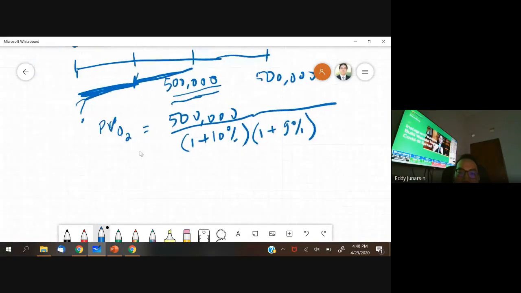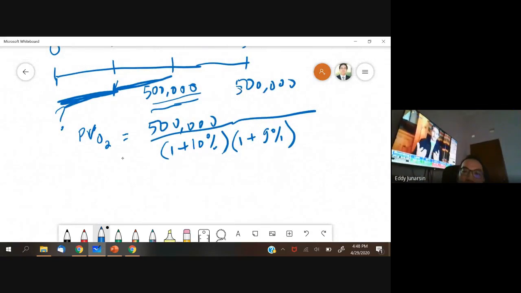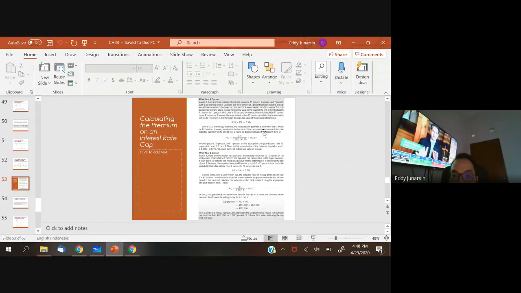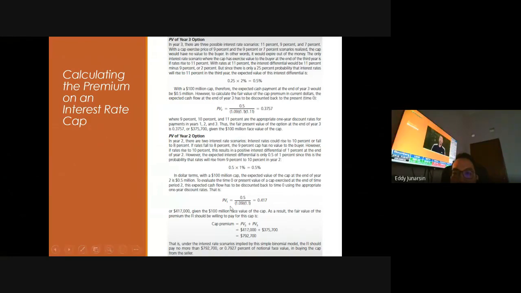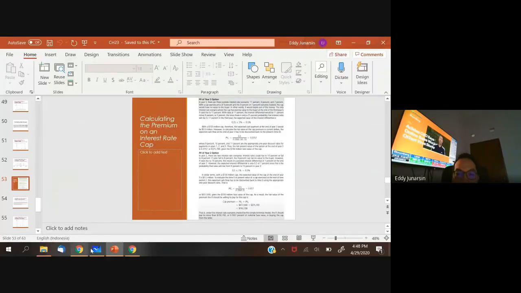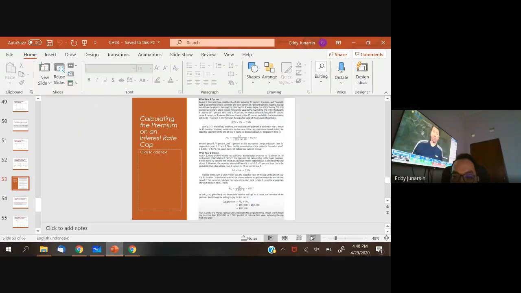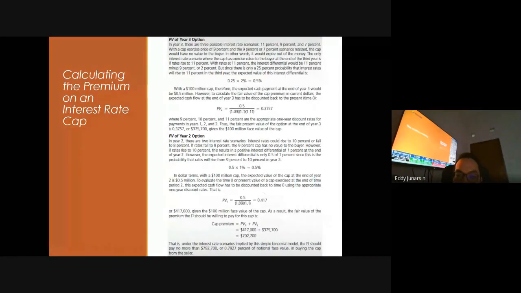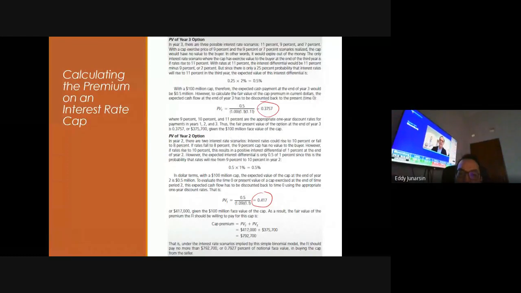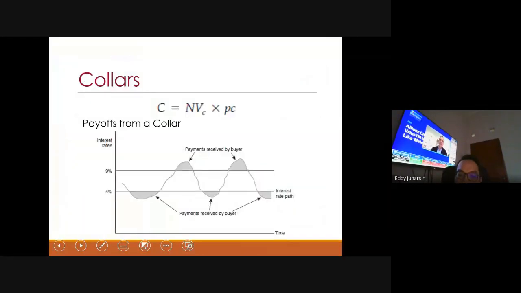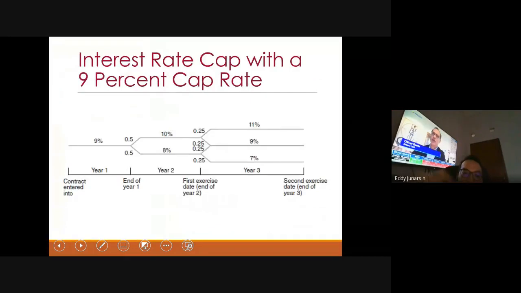Okay, so again, the 500,000 here has a present value of, how much is it again? 375,000 something. And then for this one, the present value is 417,000. So when we add them together, the present value from here to here would be zero because it's 9%.